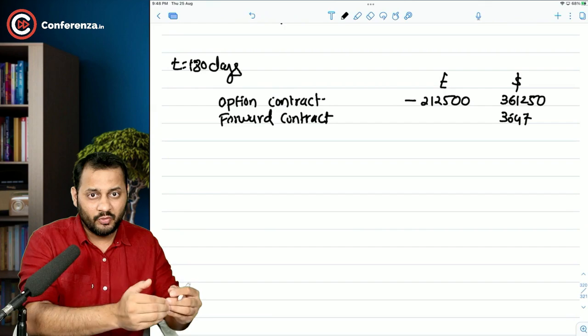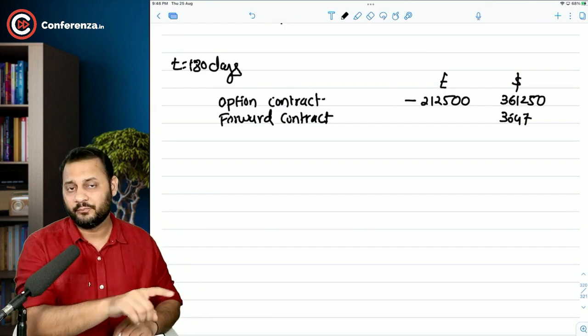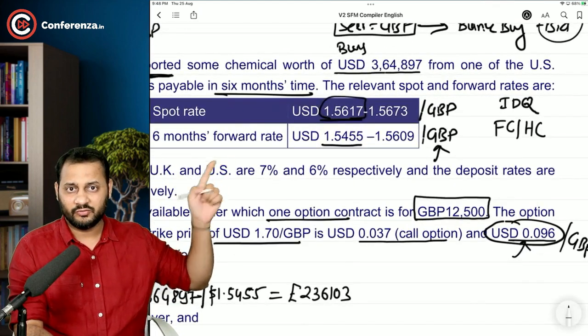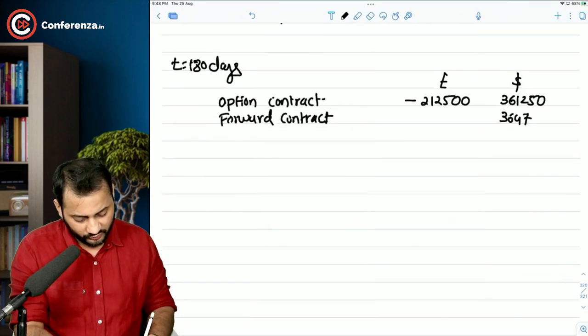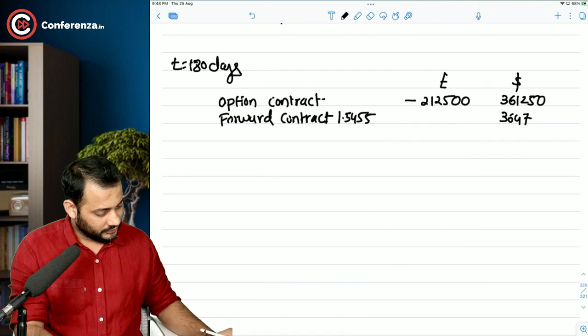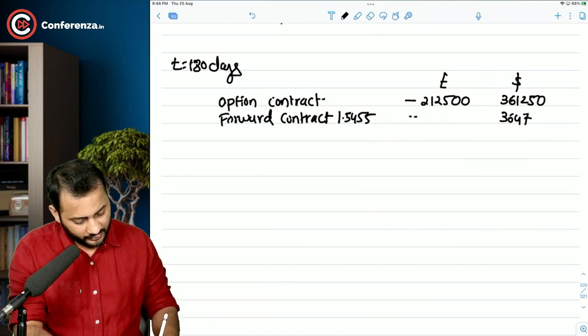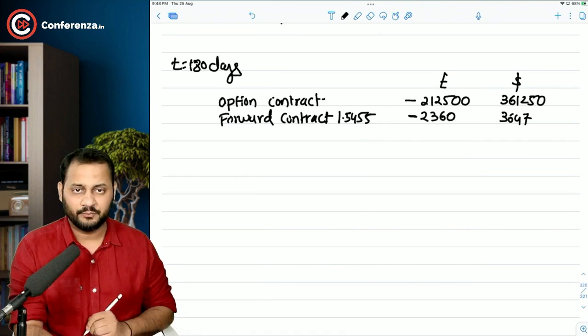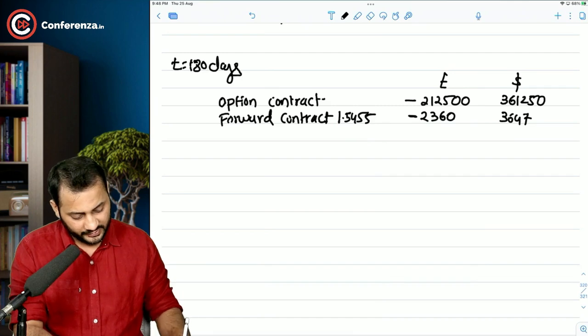You will sell pound, bank will buy pound, which is the base currency, at 6 months forward, which is 1.5455. So 3,647 divided by 1.5455. You will have to make a payment of 2,360 pound. This is the balancing figure, right?